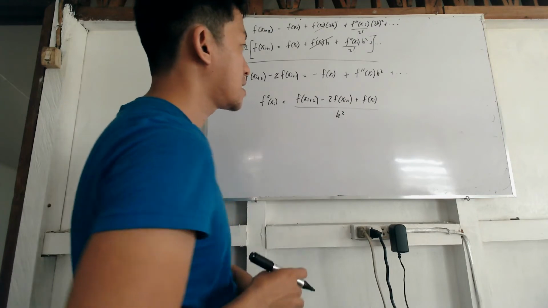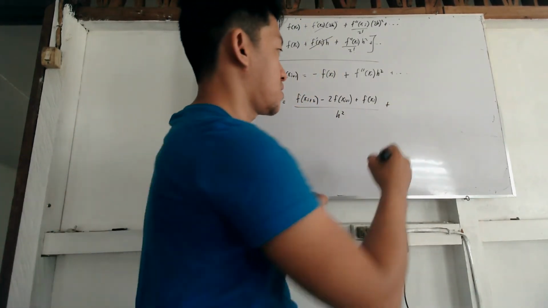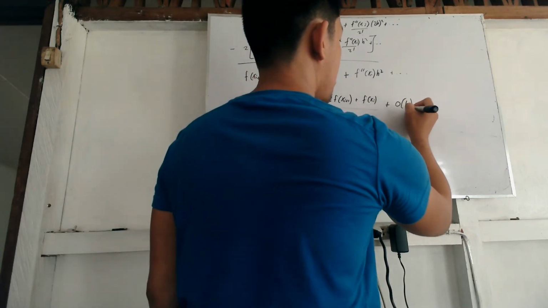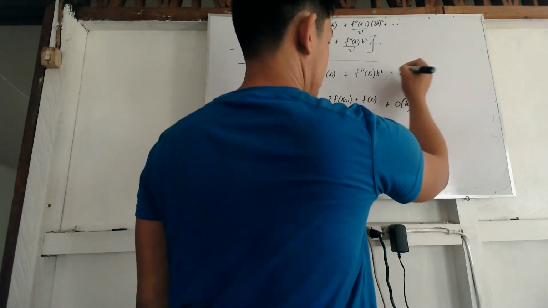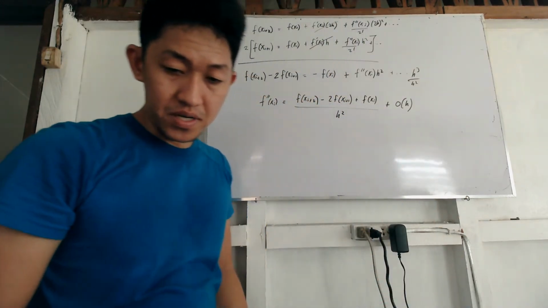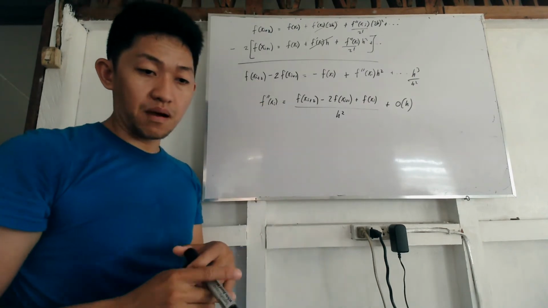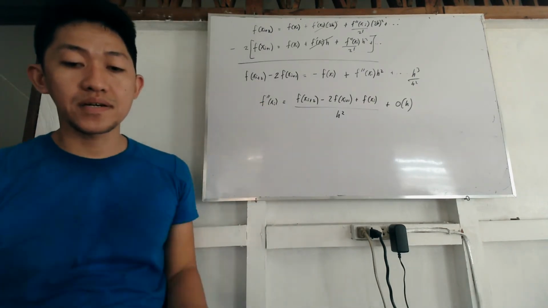And then what's the order of this one? First order. Why? Because of the h cube term, then divided by h square, so first order. So this is the approximation of the second derivative.